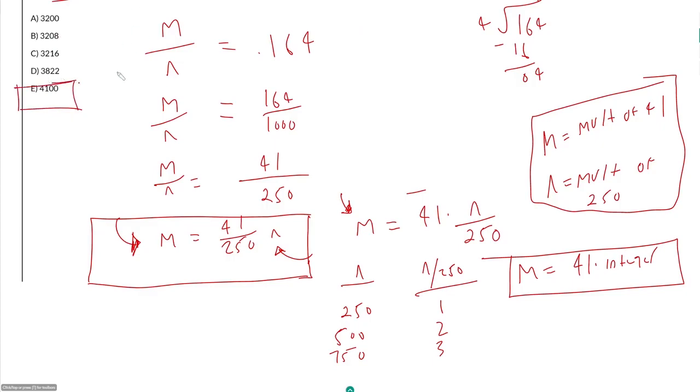Now, it is true that I don't necessarily know that these other choices are not multiples of 41, but there can only be one answer choice. So as long as I did not make a math mistake, E has to be the answer. And you can go and test for yourself to verify that none of these are multiples of 41, which I hope is the case, because I'm the one that chose those numbers, but they shouldn't be. So the answer is E.